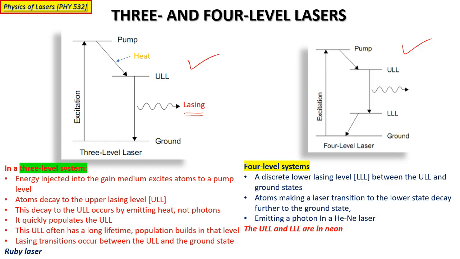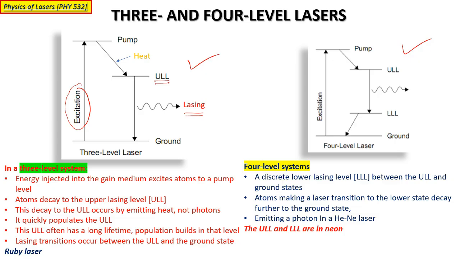So, ground level, upper lasing level and pump level. First we pump it using any pumping source to excite the atom. This shows the excitation, and after that excitation it decays to the ULL, the upper lasing level.